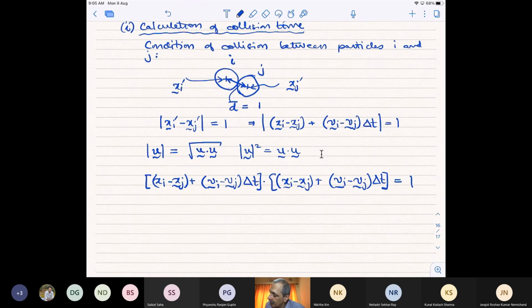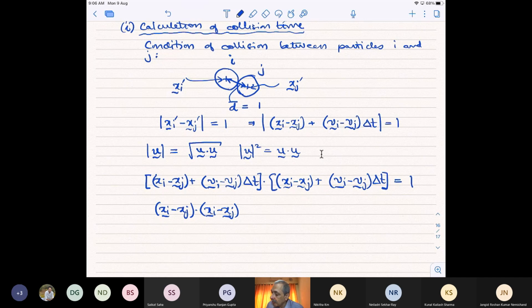If we take the dot product of this, then this is nothing but xi minus xj dotted with xi minus xj. So this is the magnitude of the distance between the two particles.